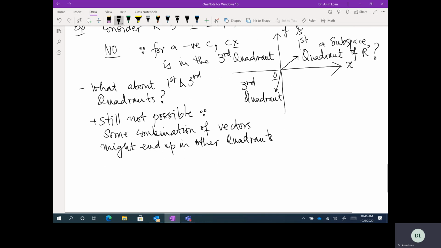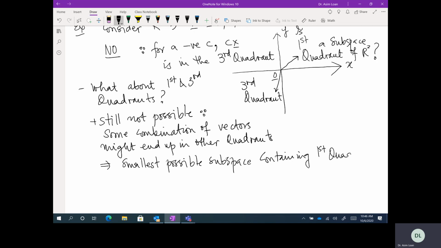Okay, so this implies the smallest possible subspace containing the first quadrant is the entire space R2.